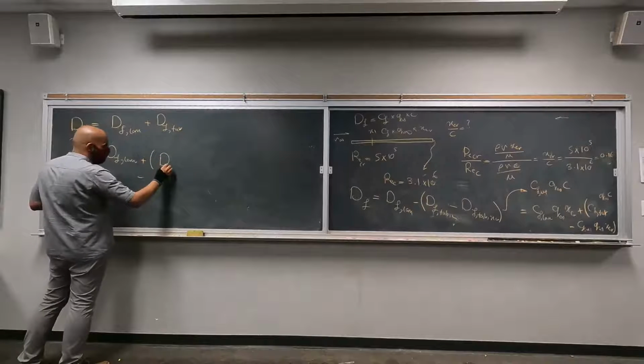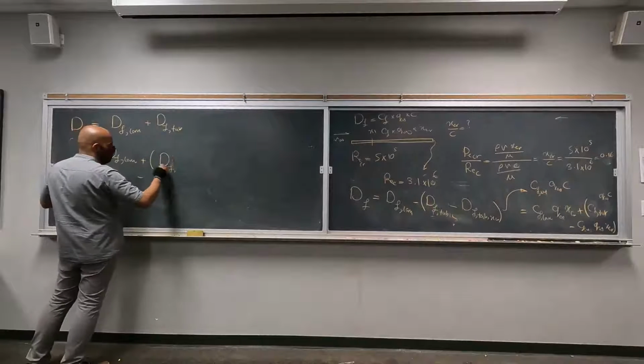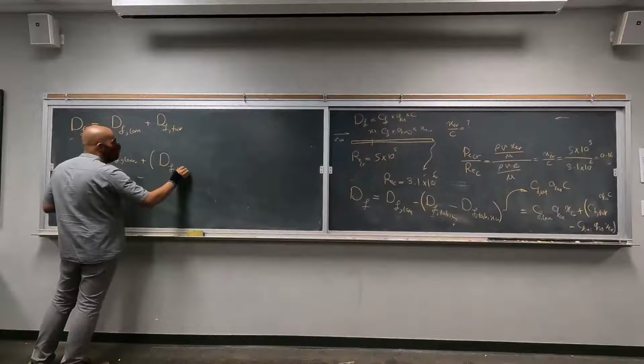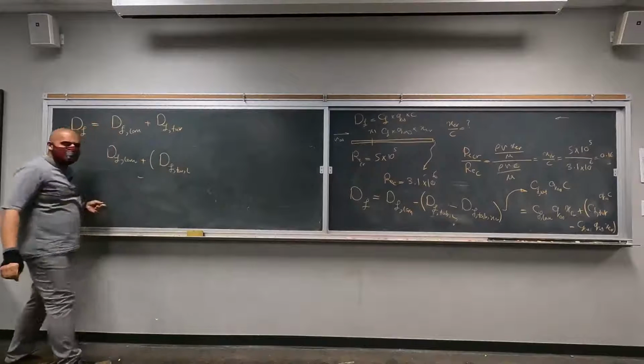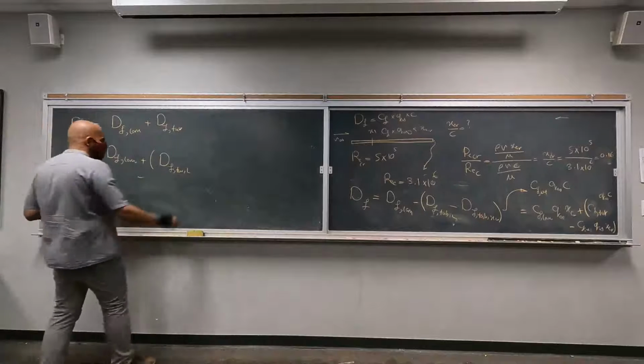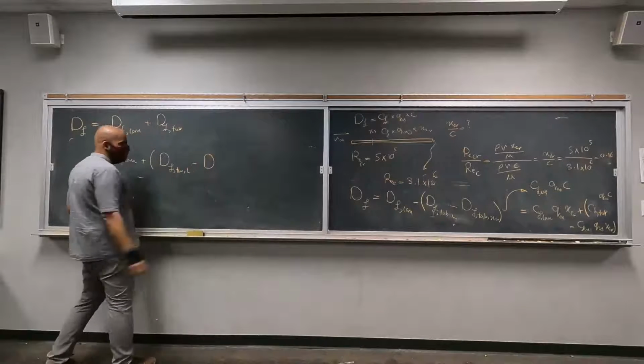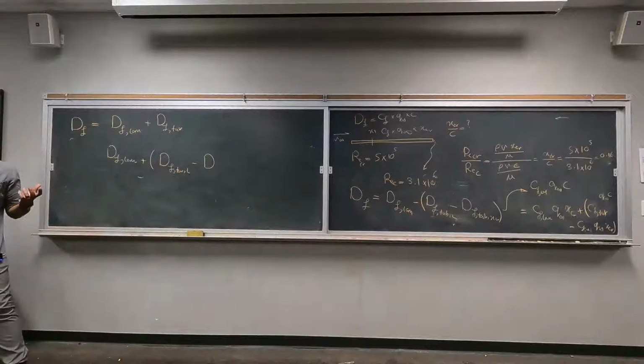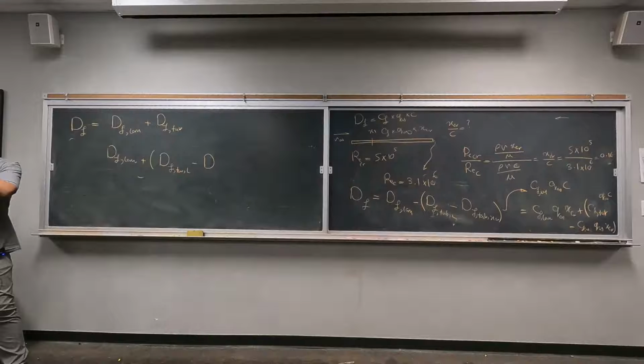We calculate the friction drag of the whole plate using the turbulent formula, and then we subtracted the turbulent drag of the laminar region, which we have calculated using the turbulent formula. Okay, is this clear now?